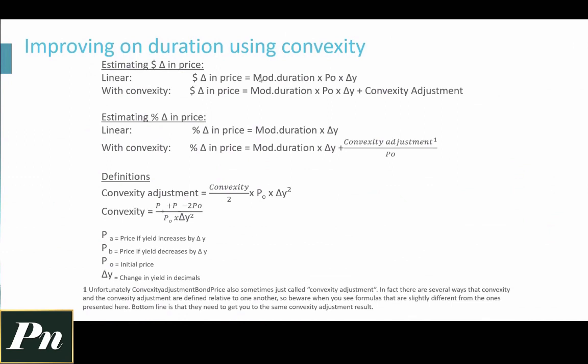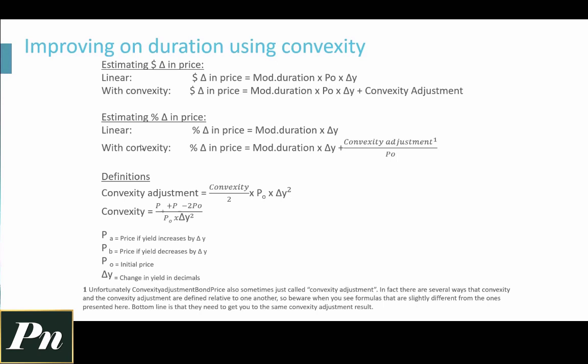This is exactly what we have here: modified duration times price times change in yield. That's exactly what we just did in Excel 5 seconds ago. So with convexity, you just take this formula, the thing we just went through, and we add convexity adjustment, and we're going to define that in a second. So that's all you have to do. You add this calculation to derive a better estimate, closer to the actual convexity that Excel can precisely calculate to endless decimal points, by the way.